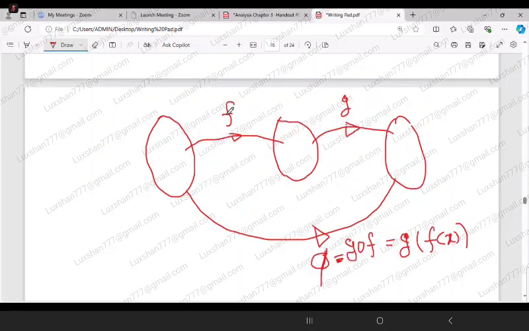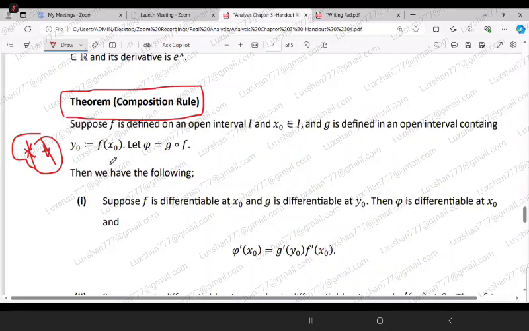Now we have two functions f and g, and the corresponding point here is x naught, and here this is y naught. Look at this carefully. Suppose f is defined on an open interval I and x naught belongs to I, and g is defined on an open interval containing y naught.